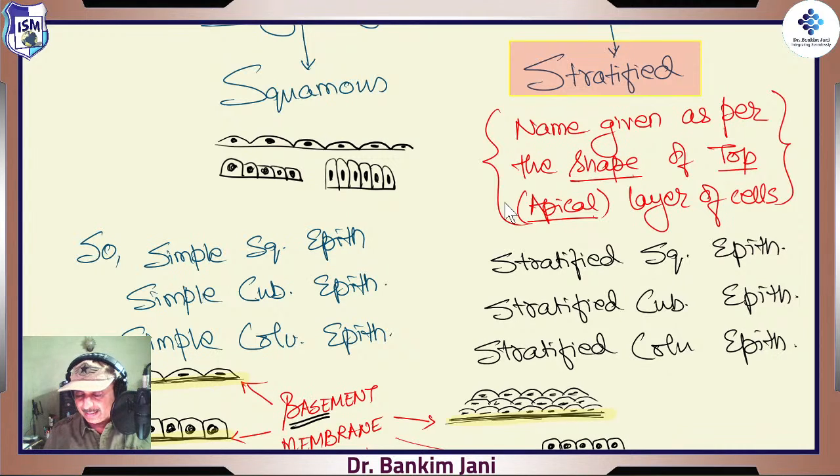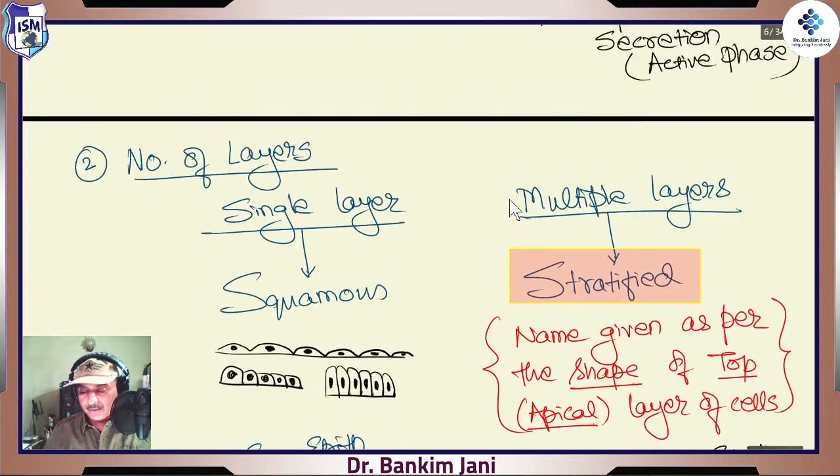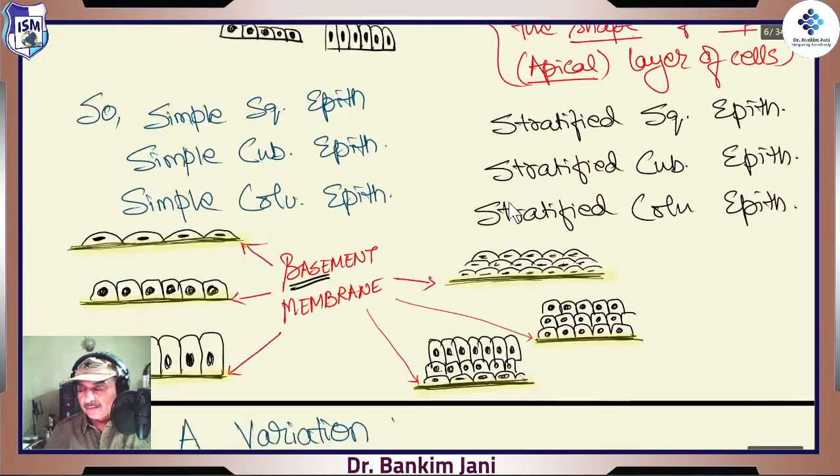Why have I written this in red? Because in the body, not everything goes by the rules of geometry or physics, because it is dynamic, everything is constantly changing.